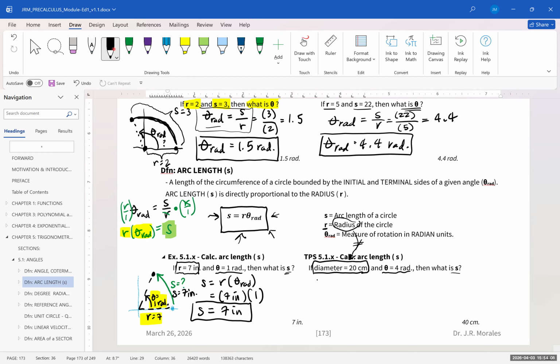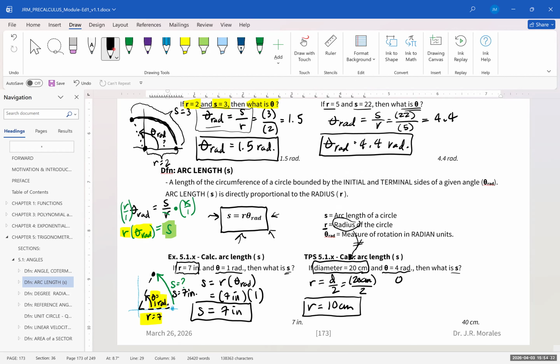So we need to recognize that the radius is equal to half of the diameter. If our diameter is 20 centimeters and we divide that by 2, the radius is 10 centimeters, and that's the value we need to use.